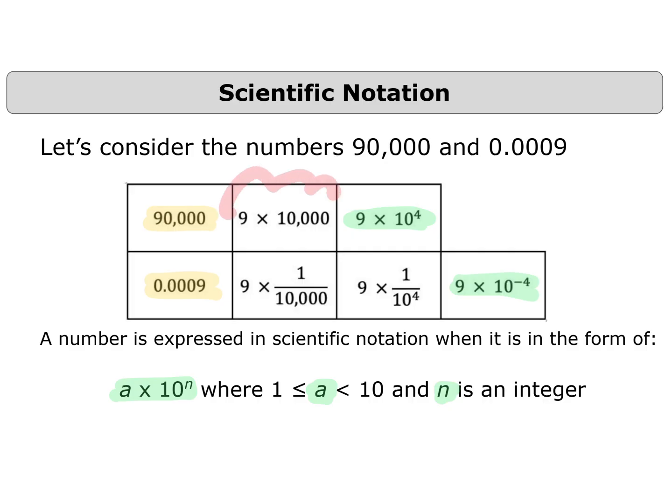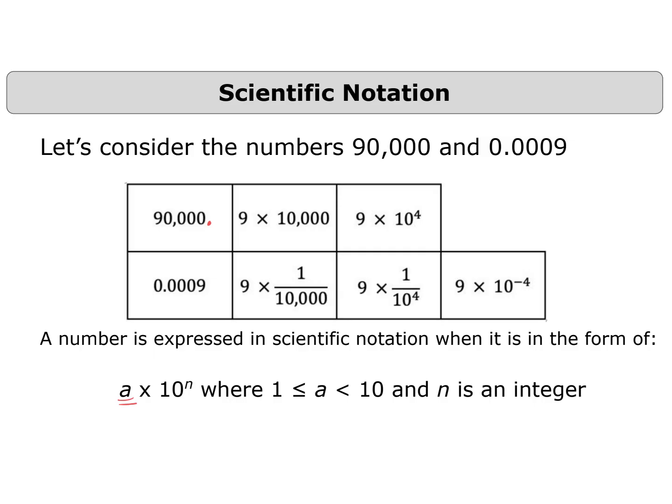Now we wouldn't want to go through all of this work every time we wanted to convert a number from standard notation into scientific notation, so we do have a little bit of a shortcut. Let's look at 90,000 again. We assume our decimal to be here. We want that a value to be between 1 and 10.